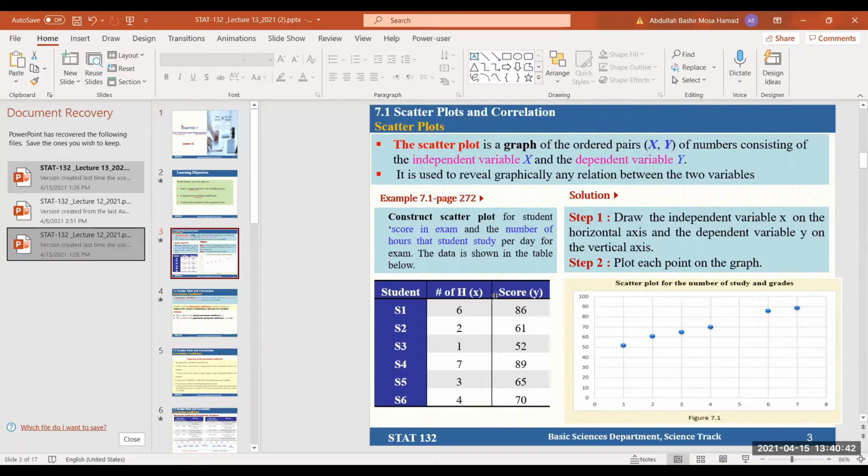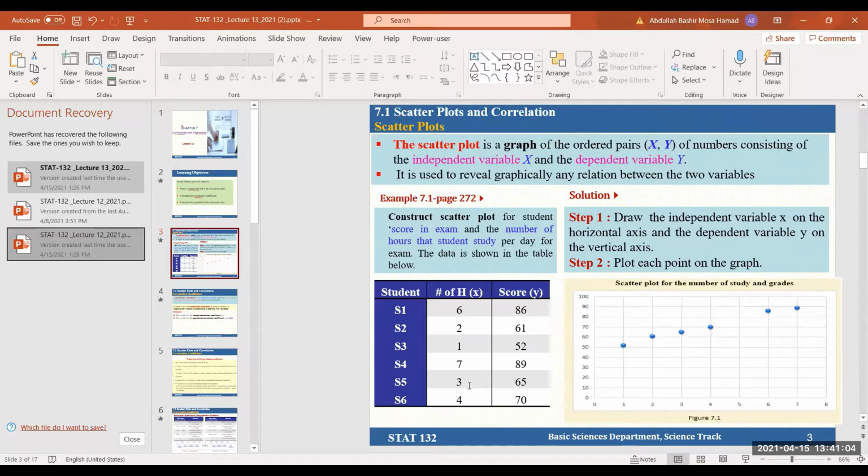We do the first step, draw a scatter plot. So the x-axis is x, this is y. 6 with 86. 2 with 61. 1 with 52.